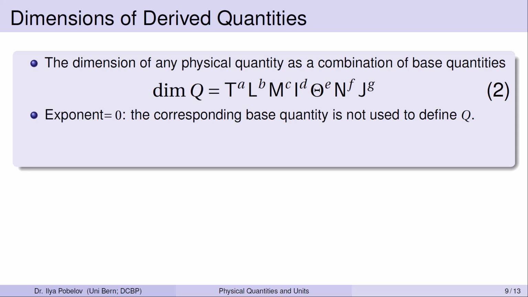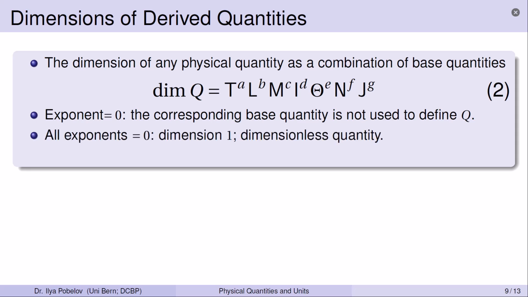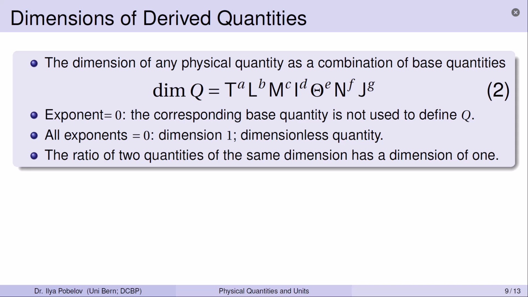In this case, the symbol of the base quantity is usually omitted. If all exponents are equal to 0, we have a dimension of 1. A physical quantity of this type is called a dimensionless quantity. The ratio of two quantities of the same dimension has a dimension of 1 and is a dimensionless quantity.